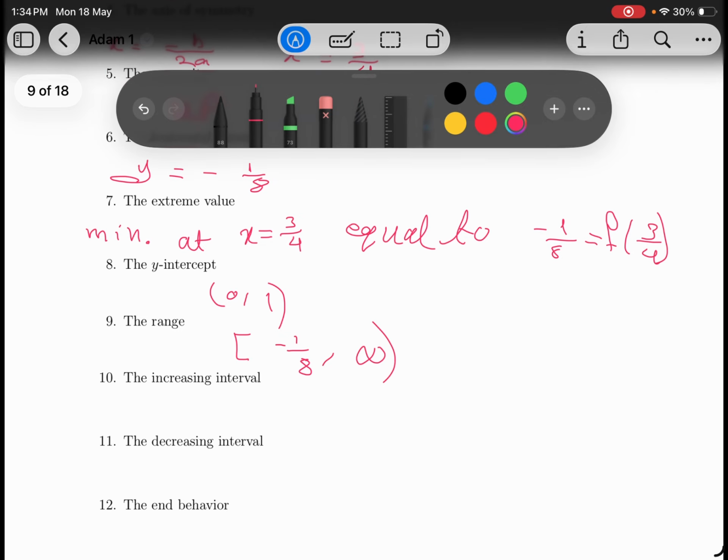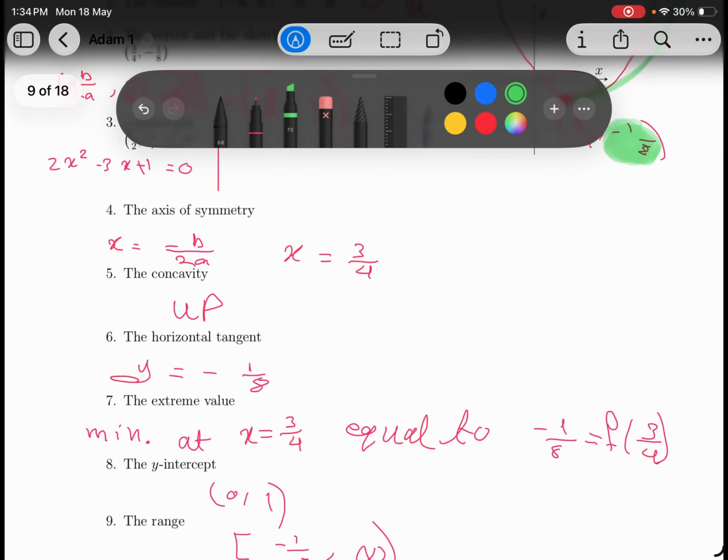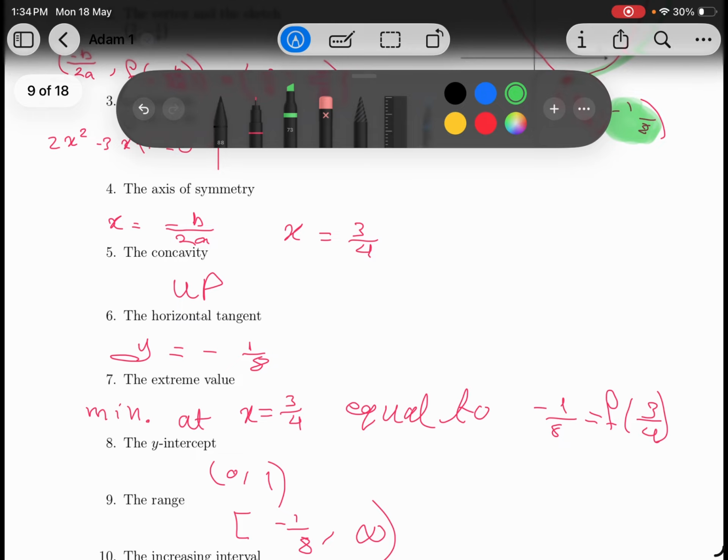So the increasing interval is obvious here, look at this graph, guys, it's increasing from this vertex x-coordinate to infinity over this sub-interval. This function is increasing from 3 over 4, not -1 over 8. Don't ever do that, please.